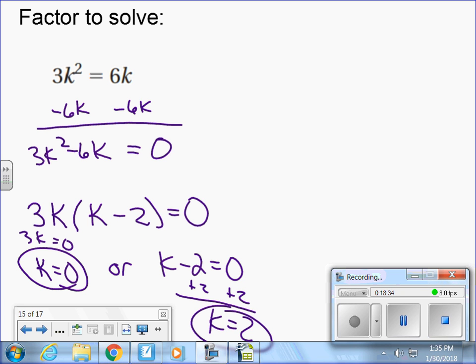I factored out a 3k, leaving me with a k minus 2 in the parentheses. And then for solving, I used my zero product property. Either 3k had to be 0, which means k is 0, because dividing by 3 on both sides gives 0, or k minus 2 is 0, and if you add your 2, you get a 2. So 0 and 2 are your final answers.